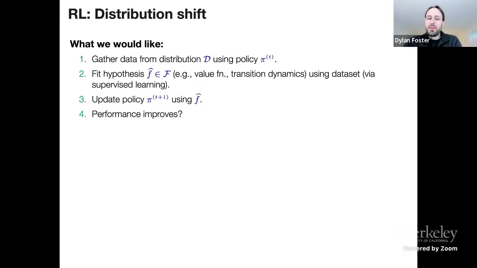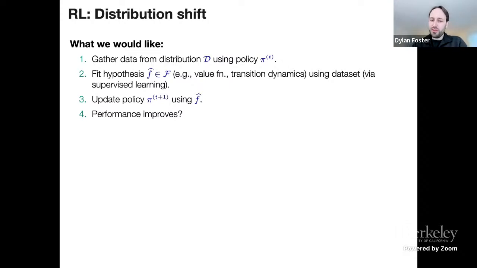Using this data, we're going to fit a hypothesis, which could be value functions or transition probabilities. Then we're going to update the policy using this hypothesis, like taking the greedy policy if we estimate Q functions. We're going to keep doing this, and the hope is that our performance will improve over time, like we get better at estimating things.